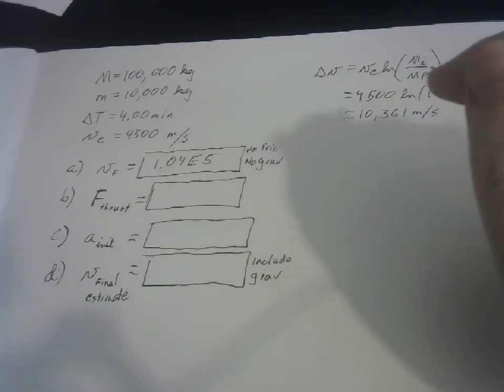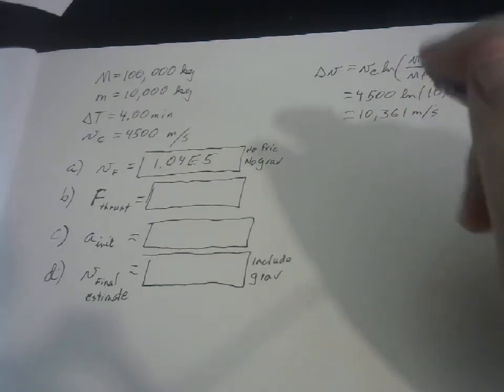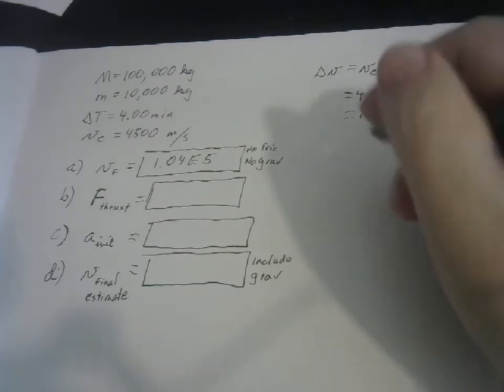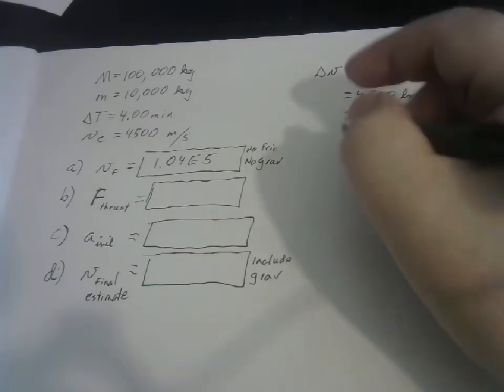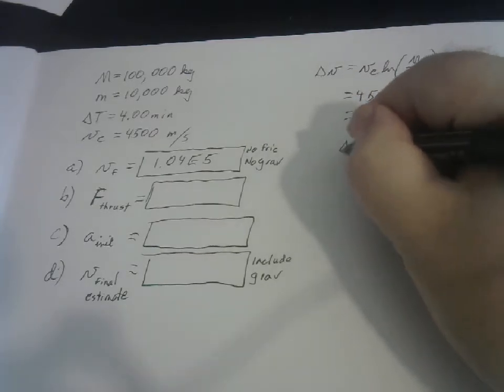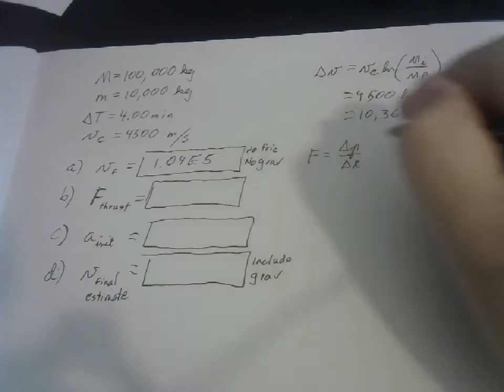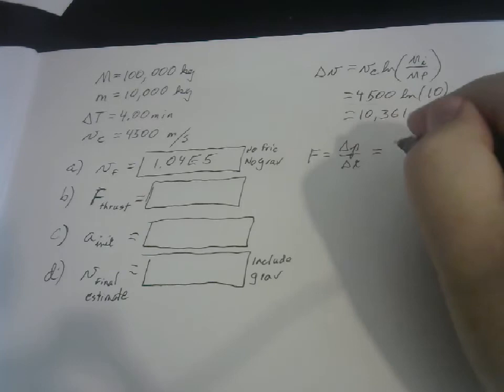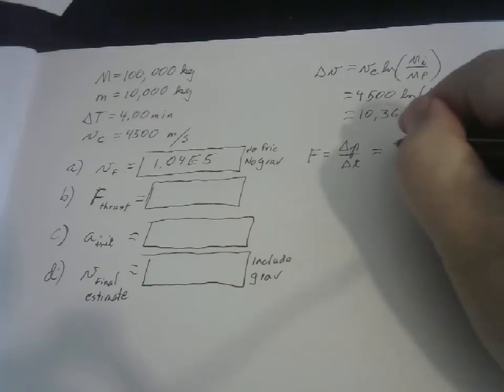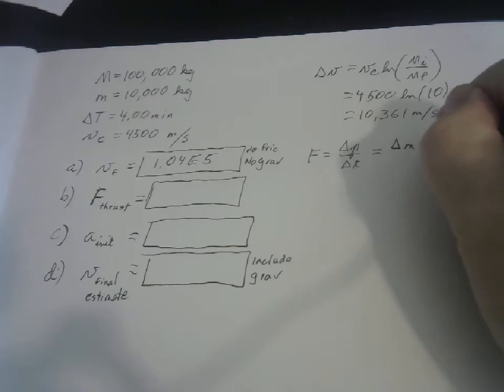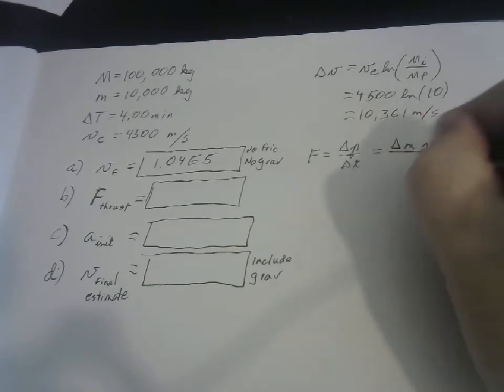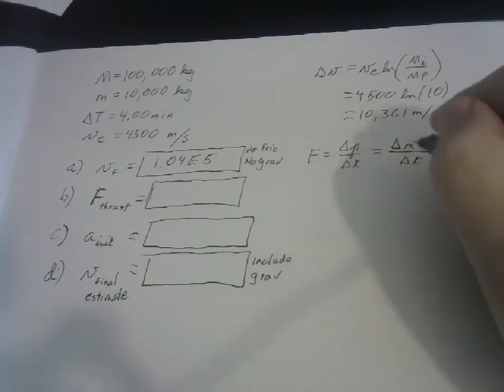The thrust force. Okay, at the beginning, the equation for that, let's just write it as delta P over delta T. Force equals delta P over delta T, and in this case, we've got a delta M times the emission velocity over delta T. So what is the amount of mass that's coming out?